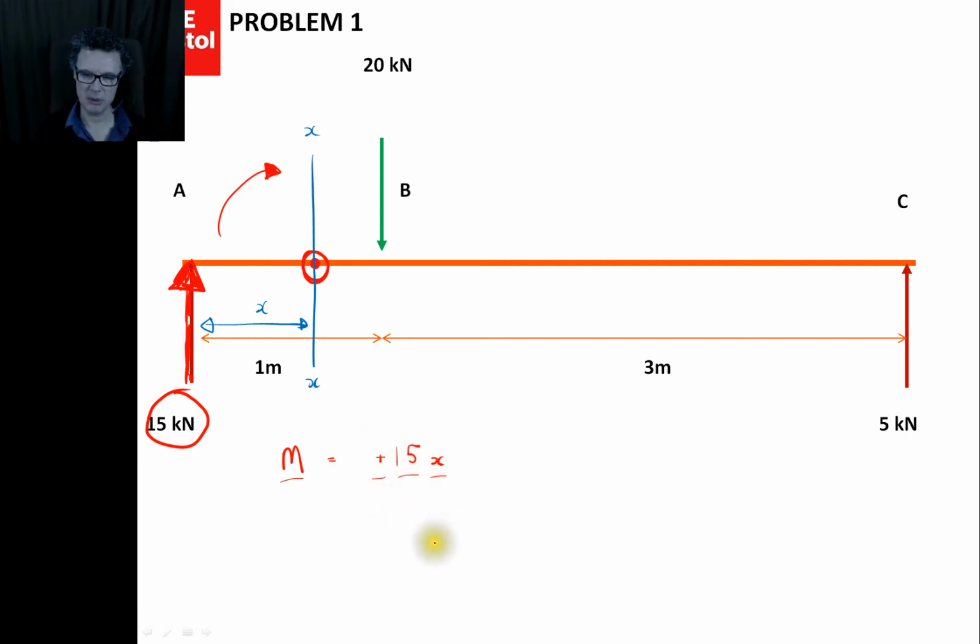So that's our three components: the force, the distance, and our sign convention, and that one's going to be positive. Nothing's going to change provided we get up to the B position. When we move past the B position, something will happen, won't it? Because as we look left, this load force coming down that we can see is going to create another moment.